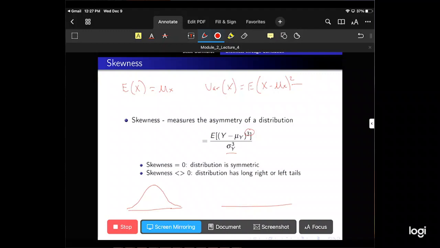I don't have a perfect hand, so let me draw something that's obviously not symmetric. There's more mass out here on the right than on the left. So over here is an example of a non-skewed distribution, or skewness equal to 0. On the right, we have a skewed distribution.